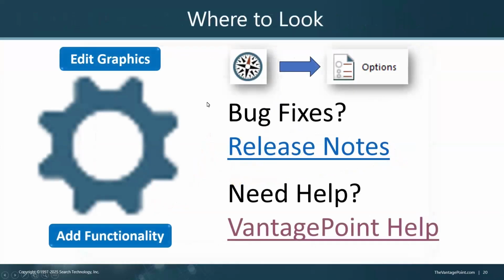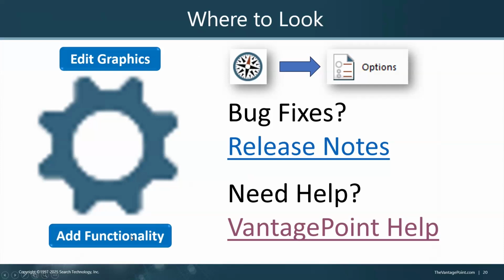And then I just wanted to emphasize some of the ways that we support you in terms of basically using these functions and learning more and contacting us. There's that gear. That gear in all of our graphics allows you to edit the graphics, change the colors, change the font size, and so forth, and also added functionality.